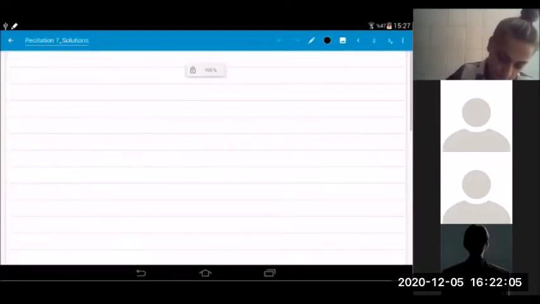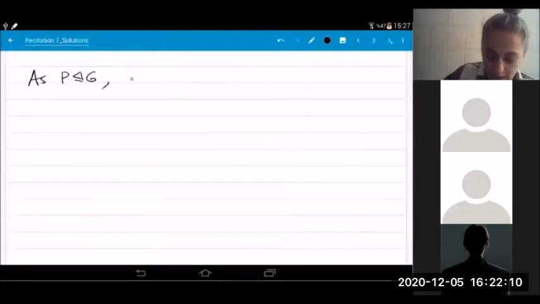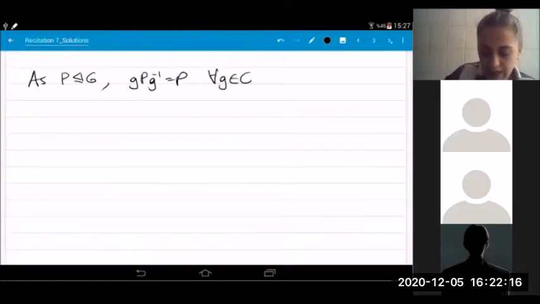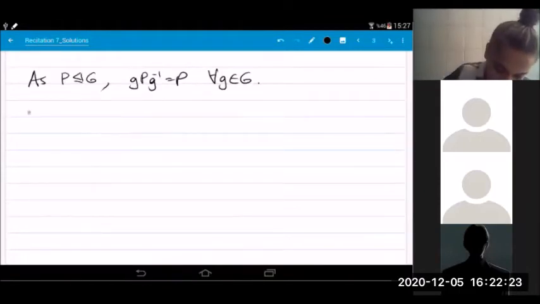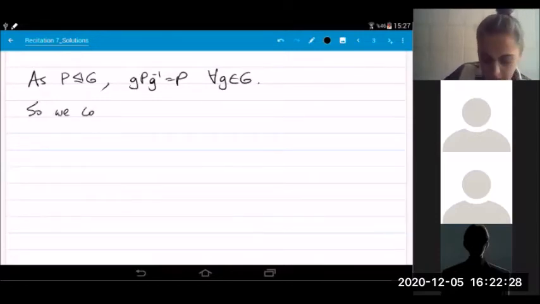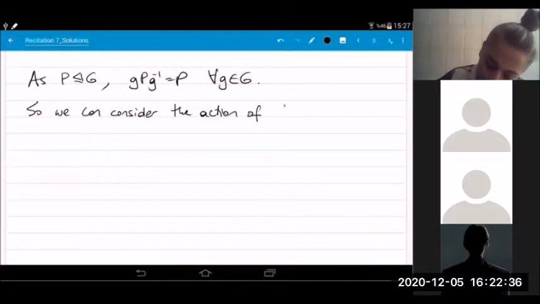As P is a normal subgroup of G, we know that gPg inverse is equal to P for every g in G. So this means that the action of G on P by conjugation is a well-defined action. So we can consider the action of G on P by conjugation.